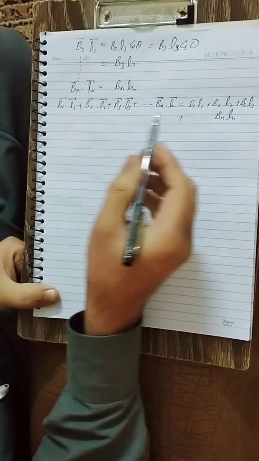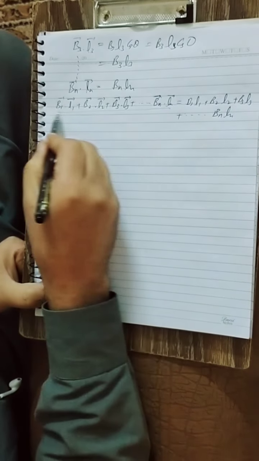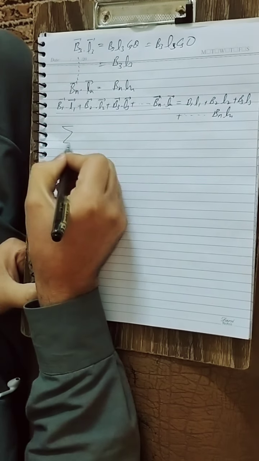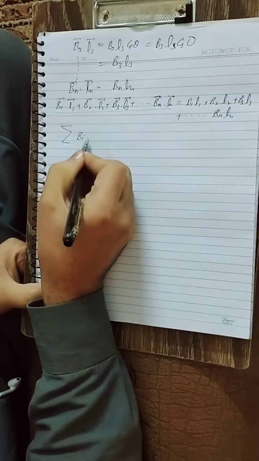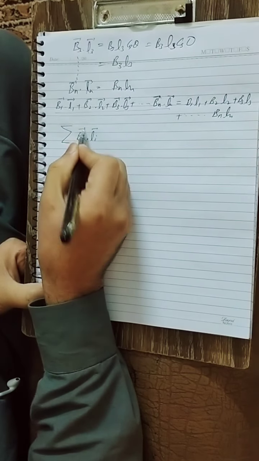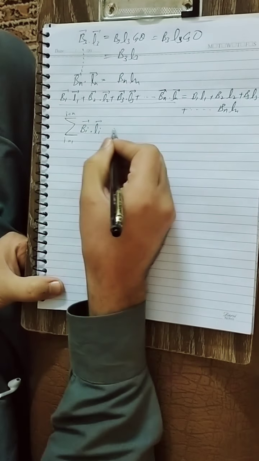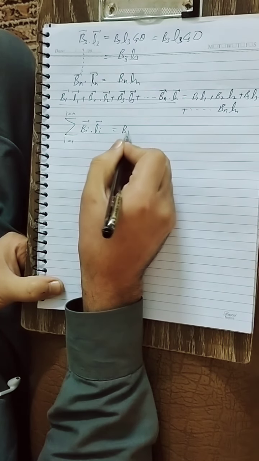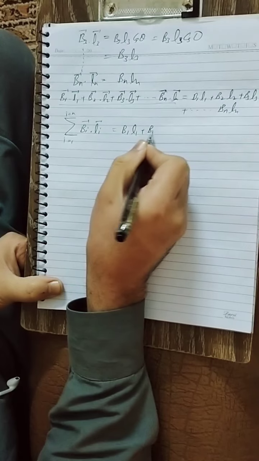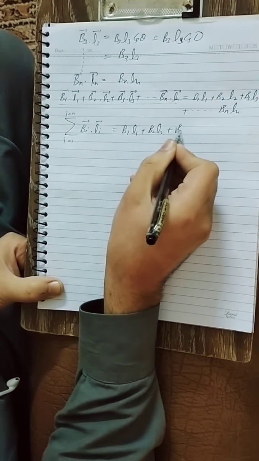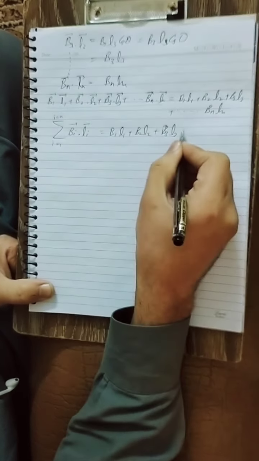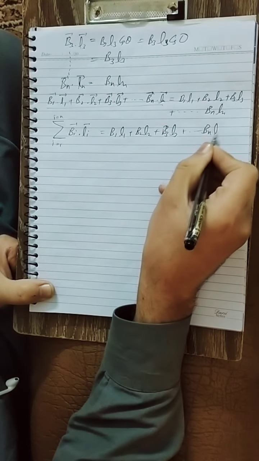Now I am going to write the left hand side in summation form. So it will be summation Bi dot Li, where i runs from 1 up to n, is equal to B1 L1 plus B2 L2 plus B3 L3 up to Bn Ln.